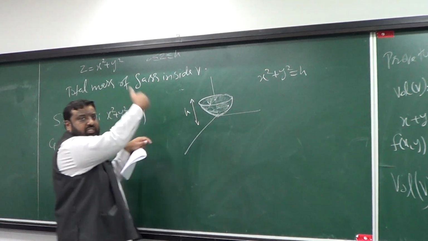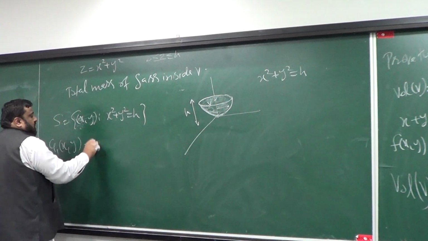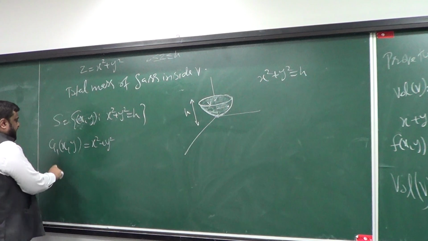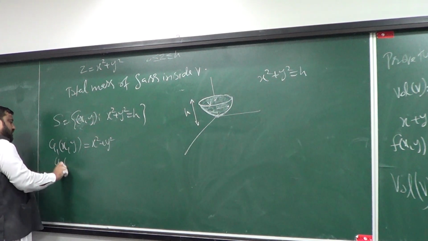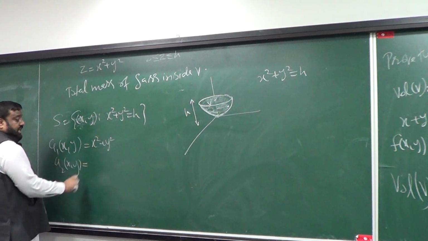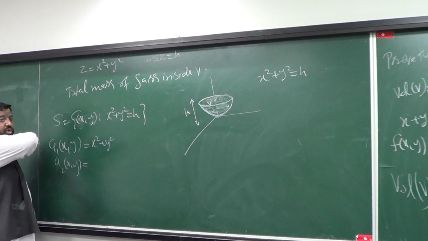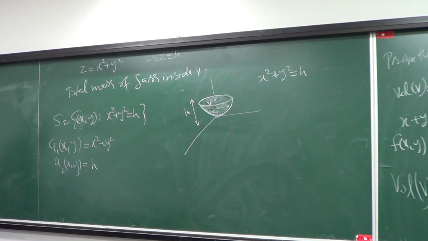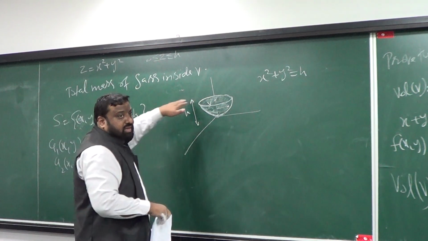So that would represent the surfaces. So phi 1 of xy is x square plus y square, and the other, phi 2 of xy, is going to be equal to h, the top one. So z equal to h is the top one.